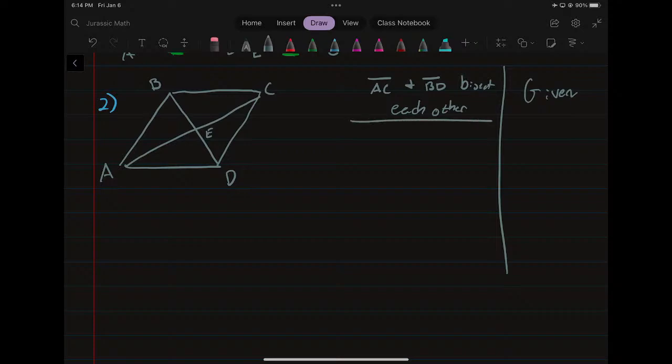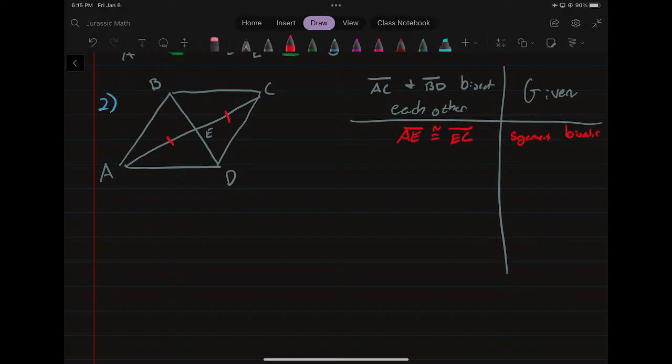Now, the next step they gave us already, which is AE is congruent to EC. And they say segment bisectors. So AE, this side, and this side.